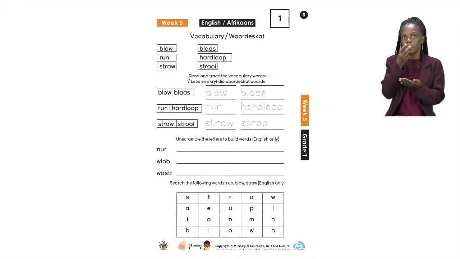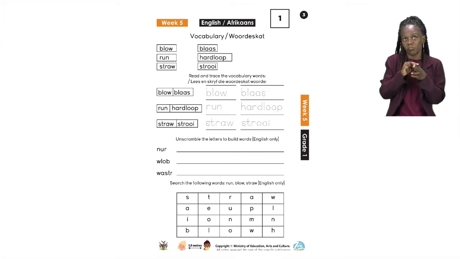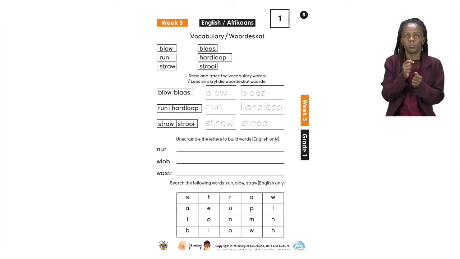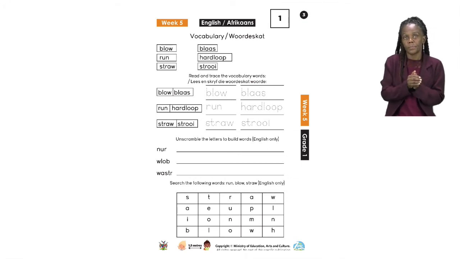On page 3, we are going to be doing vocabulary words. Remember, vocabulary words are new words that we use if we want to speak and write correct English. Let's read the words in the box.